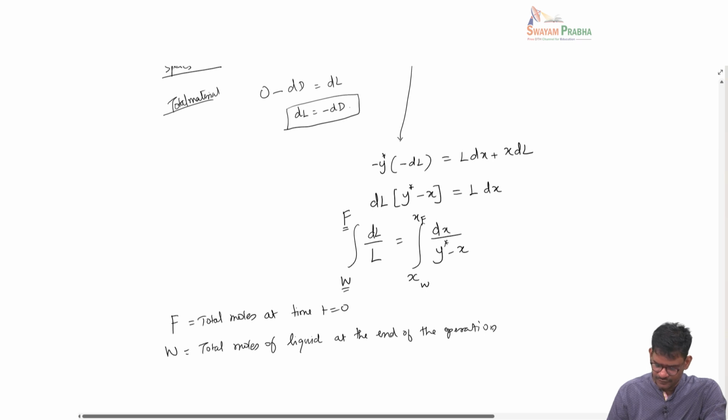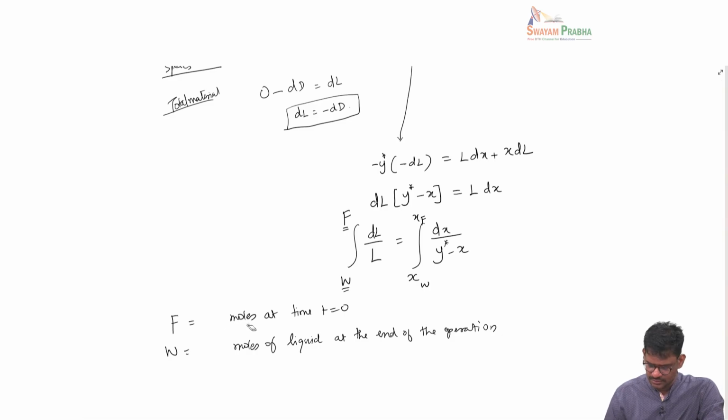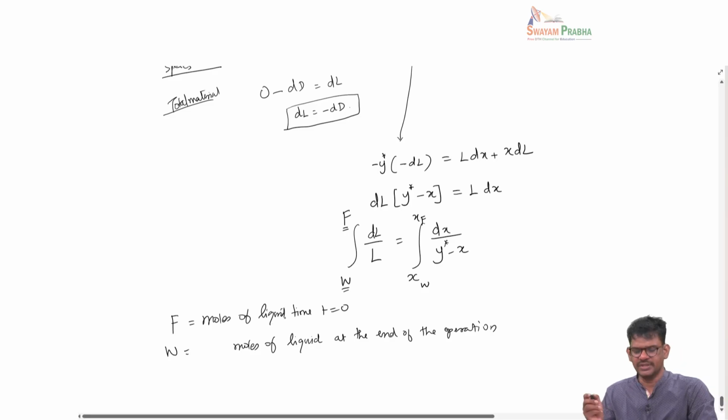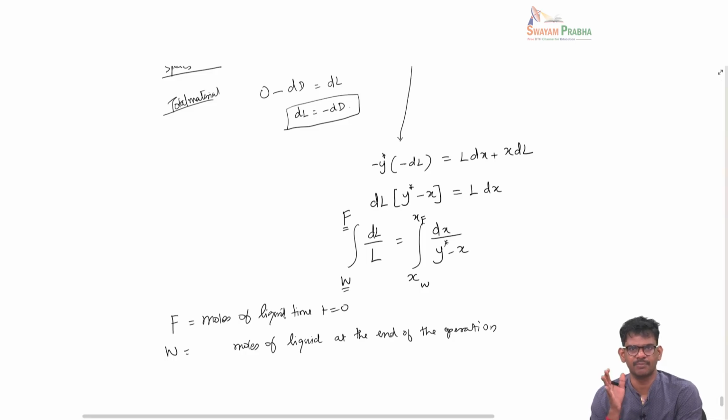I think we don't have to write total because we are referring to liquid anyway. So we say moles of liquid. So in this problem anyway we started with initially a complete liquid system.